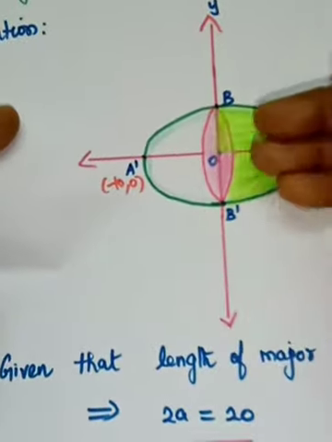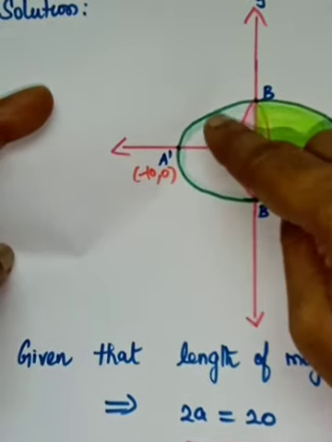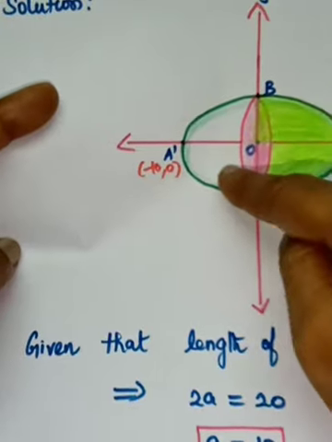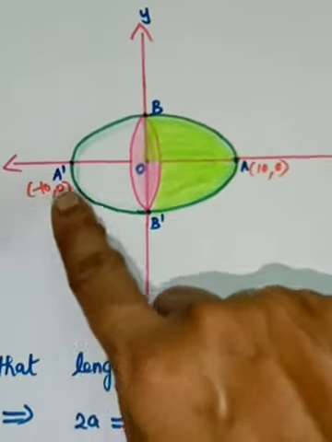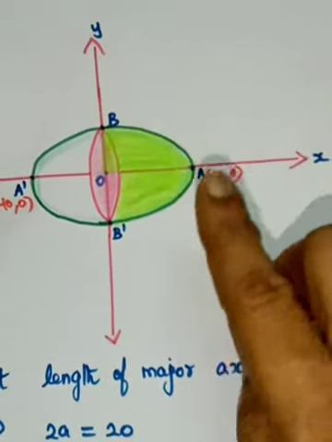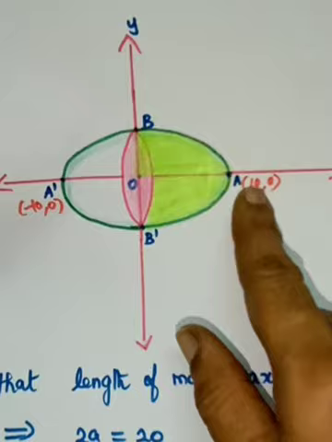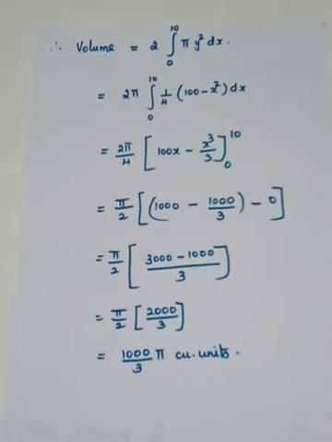I have taken only this area being revolved about the x-axis, and you will get this part. In the same way, this part is also revolved, and you will get this. So either you can vary the limit from minus 10 to 10, or otherwise 2 into the integral from 0 to 10 of pi y squared dx. Any one result you can follow. Thank you, students.